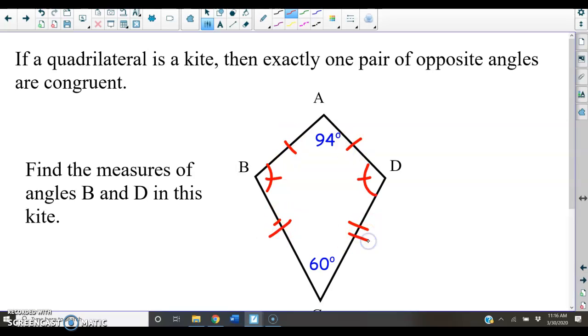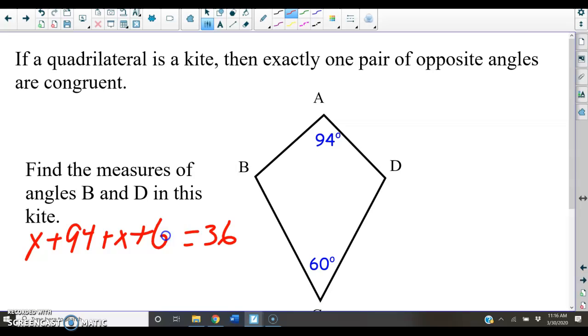These two, when we draw this in, this triangle on the left and this triangle on the right are congruent. Okay, so once we know that, then we can say, well, all I have to do is say the angles in this total 360. So we have x plus 94 plus x plus 60, and you're good at solving those equations. Okay.